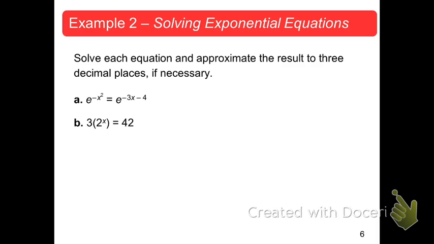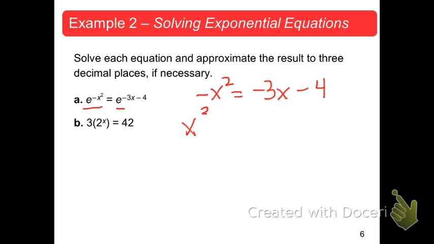So we notice this first one, we have the same base. So what we can do is just use the one-to-one property, which will tell us that -x squared equals -3x minus 4. Next, bringing everything to one side, we can add x squared to both sides, but I'm going to keep it on the left.